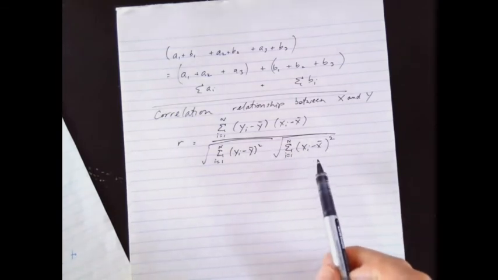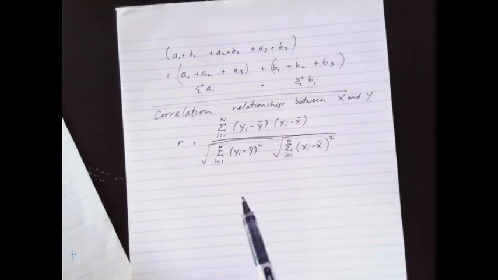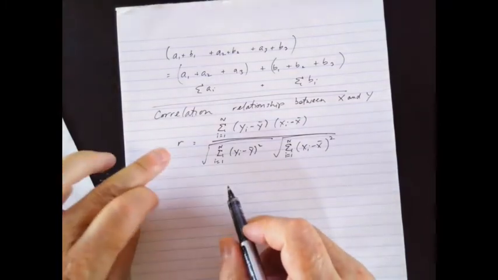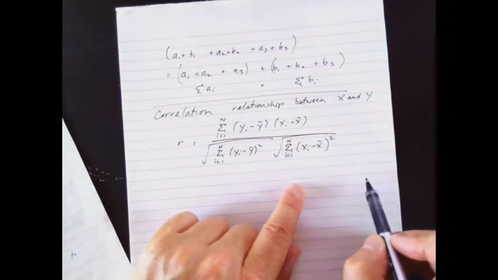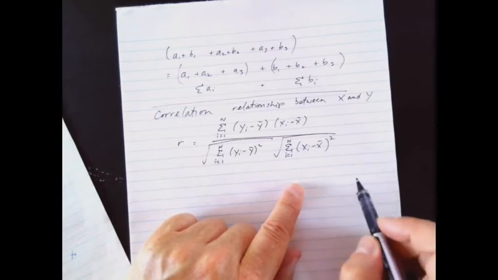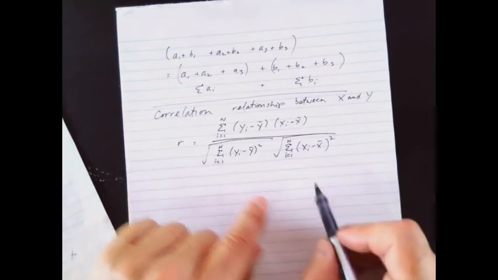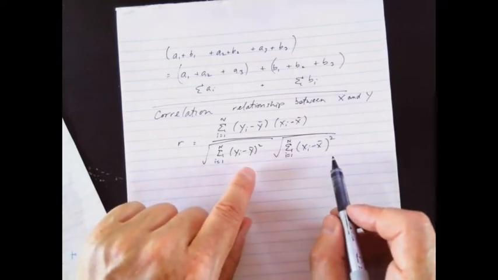And this formula, it's a bit messy looking, I suppose, but this formula measures the tendency of two variables to move together. So why would it? Well, if you think about what happens with r here, let's say x moves away from its mean. And every time x moves above its mean, y also moves above its mean. So then these two things get big together.